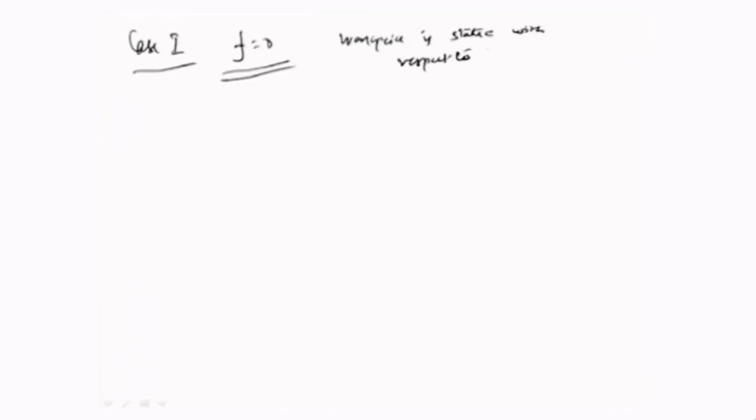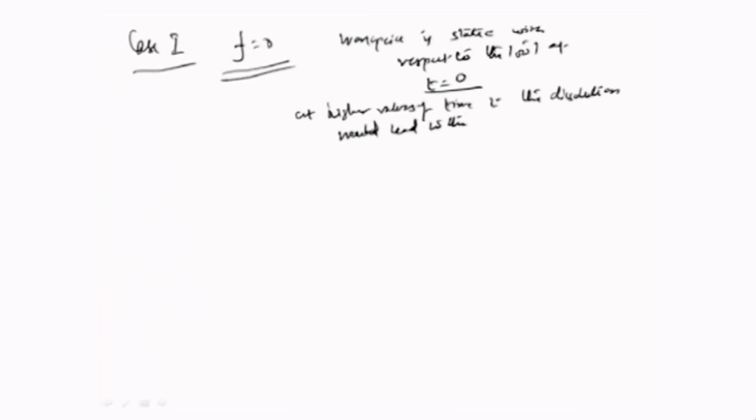with respect to the tool at time t equal to 0, and of course, as time progresses, at higher values of time t, the dissolution would lead to the movement of the front of the workpiece away from the tool.